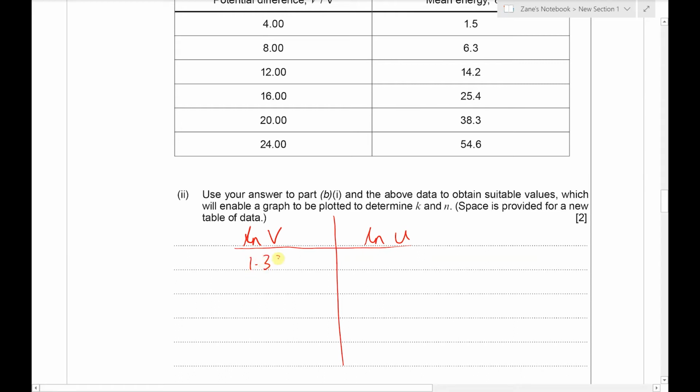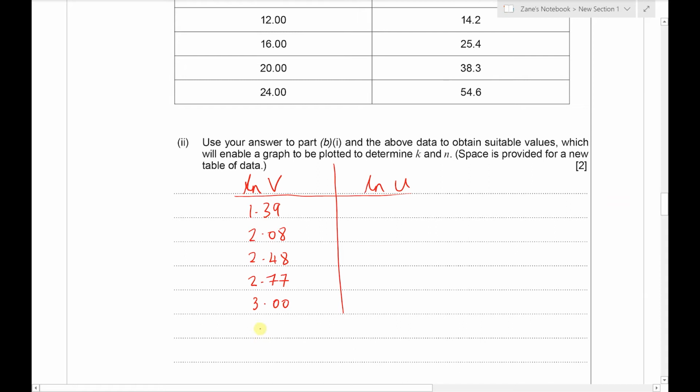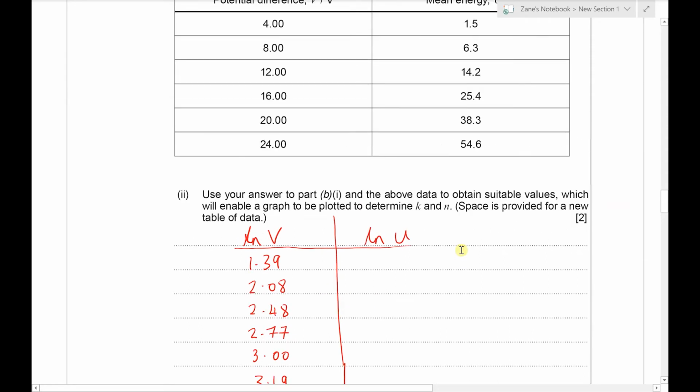But remember that when you're doing these, make sure that you are very careful with rounding. You will lose marks if you incorrectly round any of the answers. Now I'm doing all of these log V's to 3 significant figures or 2 decimal places. That way I can pretty much guarantee that I can plot them accurately on the graph. There's no point in doing any more significant figures because I wouldn't be able to plot any more than that final decimal place.